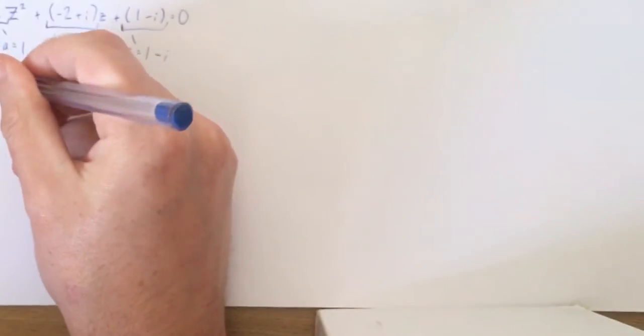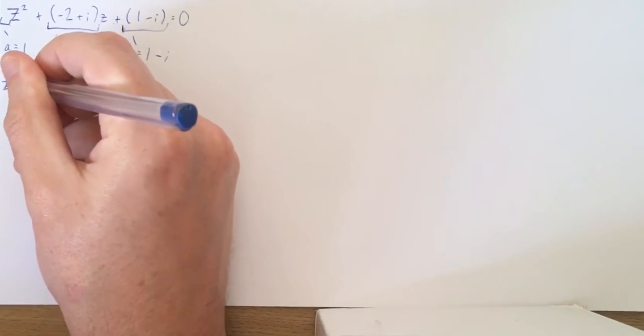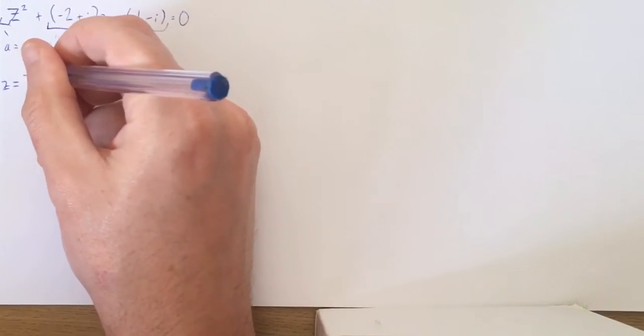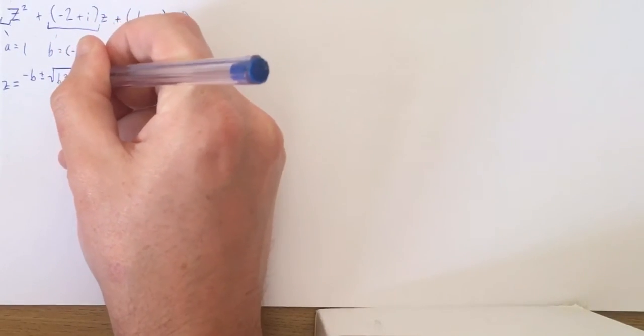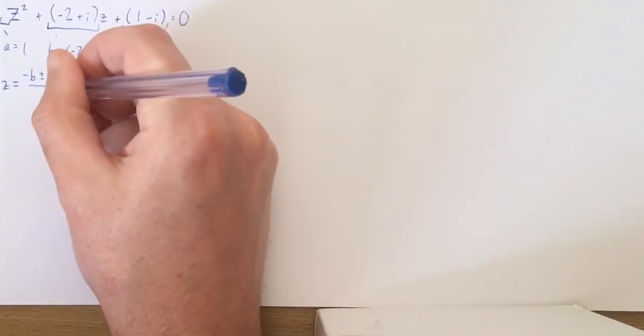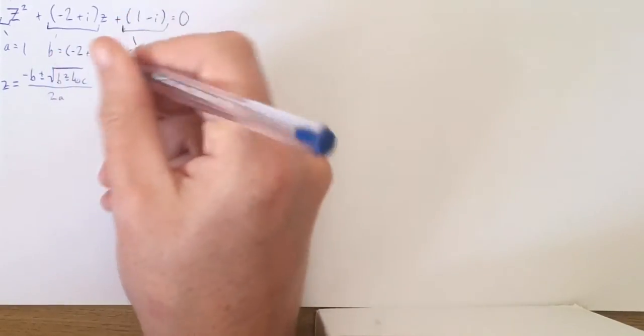So our minus b formula: z is equal to minus b plus or minus the square root of b squared minus 4ac, all over 2a.